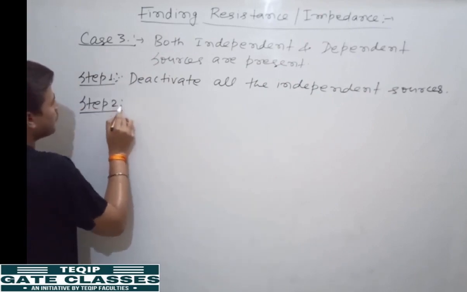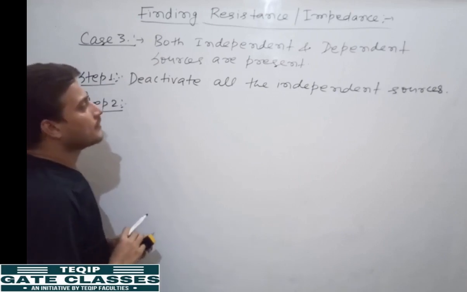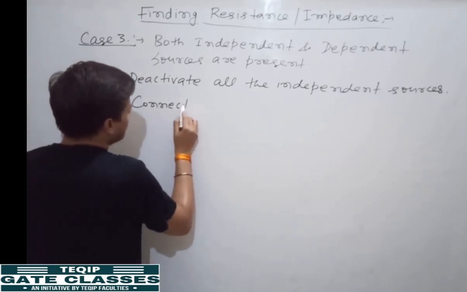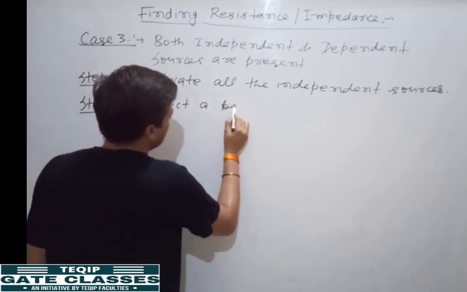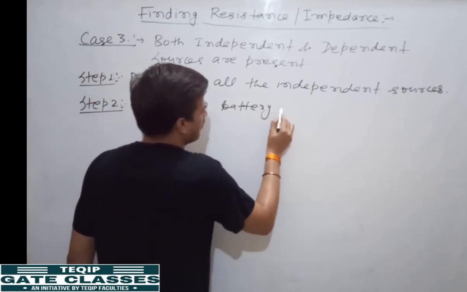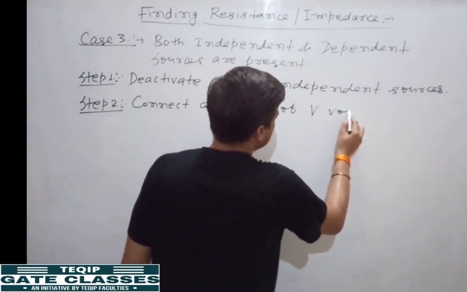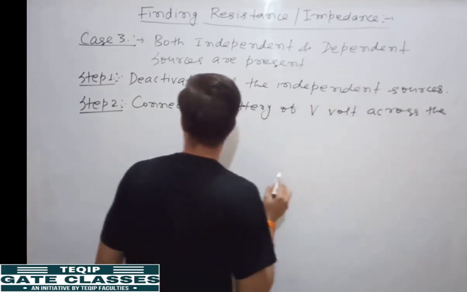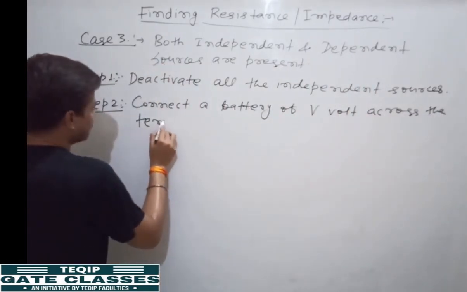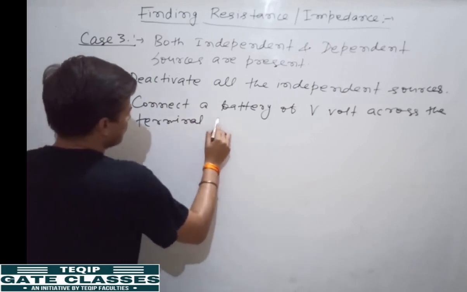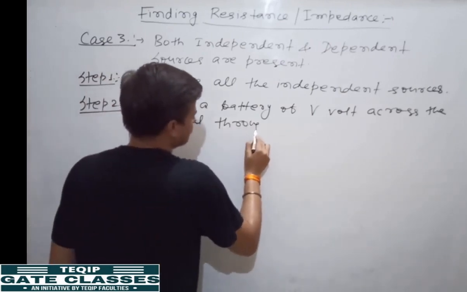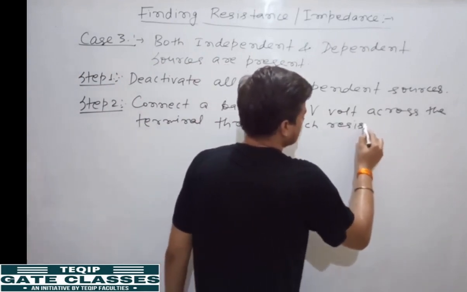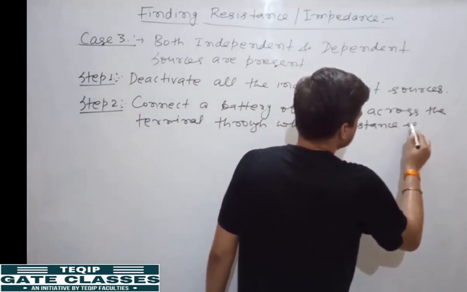Step 2: connect a battery of V volt across the terminal through which resistance is seen.